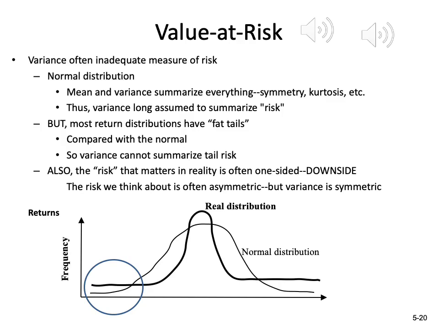Since the real stock distribution has a bigger, fatter tail than the normal distribution, as I circled in the blue circle, value at risk almost always underestimates the extreme loss.